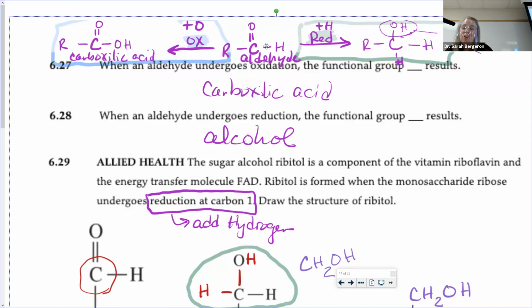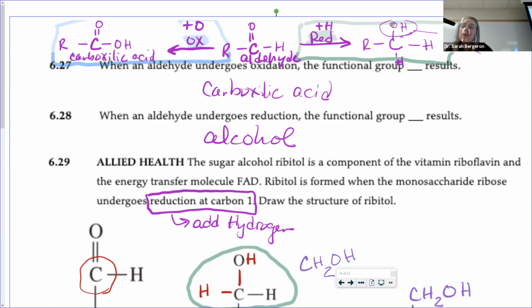Now, an aldehyde, if you go the other way, if you reduce it, when you reduce something, you're adding hydrogens to it. So when you reduce it, you start out with this carbonyl, you had your R group and you had your hydrogen. Well, you can't just add another hydrogen without changing the bonds, because how many bonds does carbon have? It has 4. So what happens is you add a hydrogen down here, and then that breaks one of the bonds in the double bond.